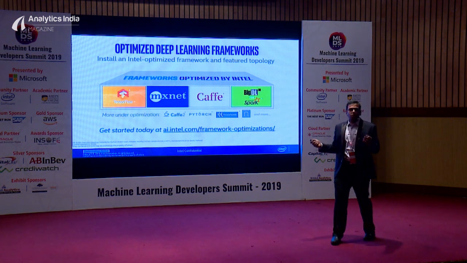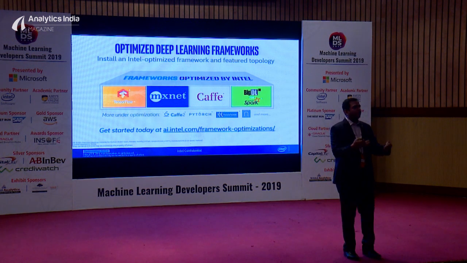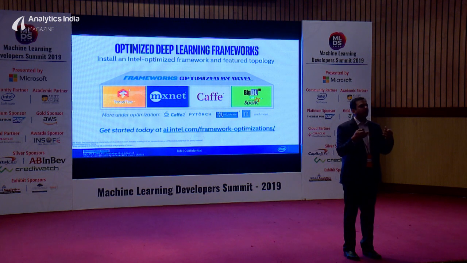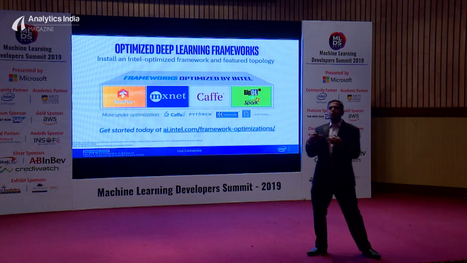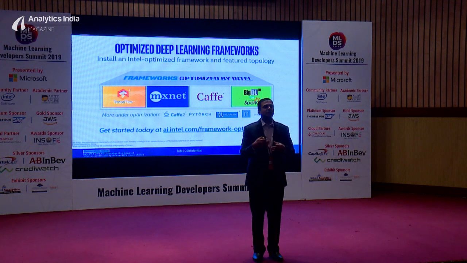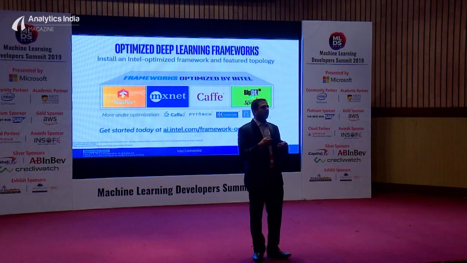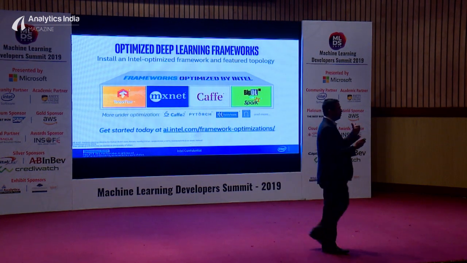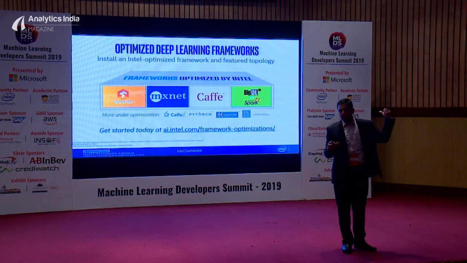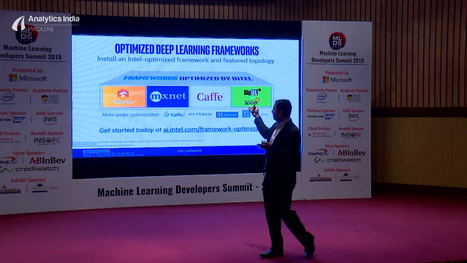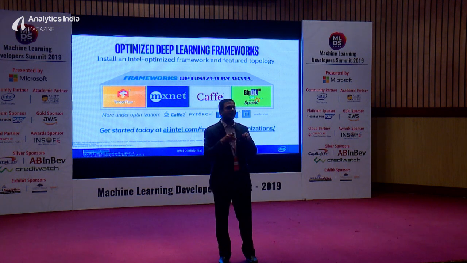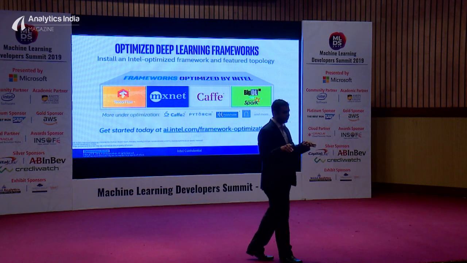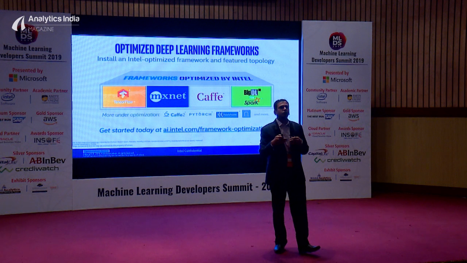What we have done is taken the base TensorFlow and built a version of TensorFlow that is Intel optimized. And how is the performance coming? It's coming from MKL-DNN. So the Intel optimized version of TensorFlow utilizes the MKL-DNN libraries to accelerate the performance.